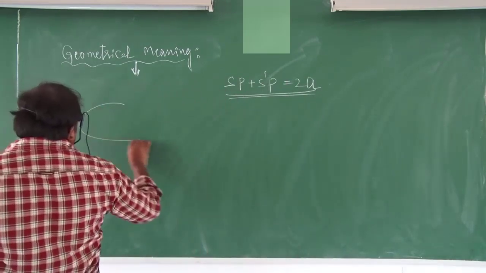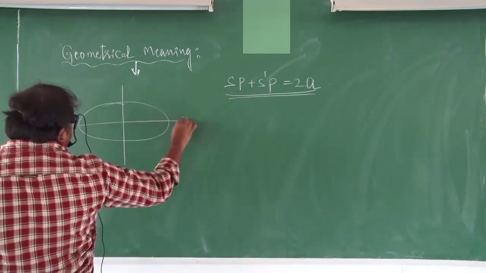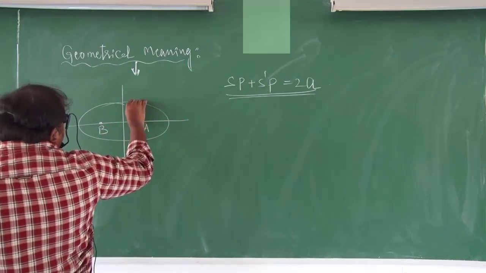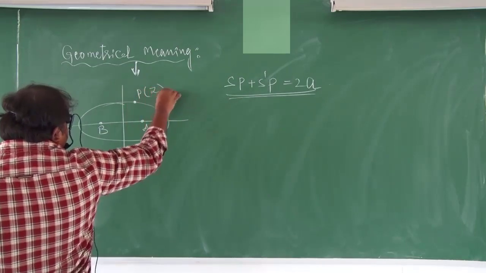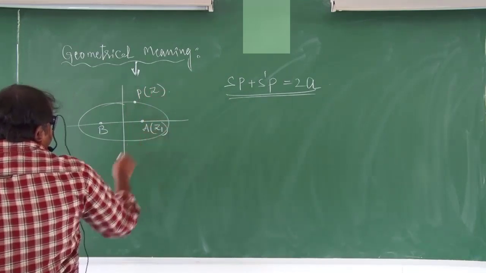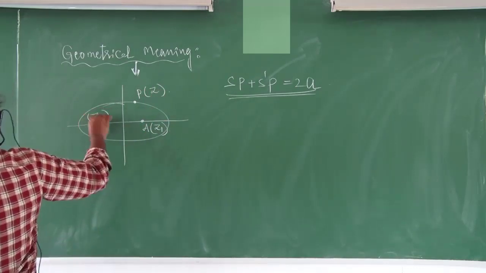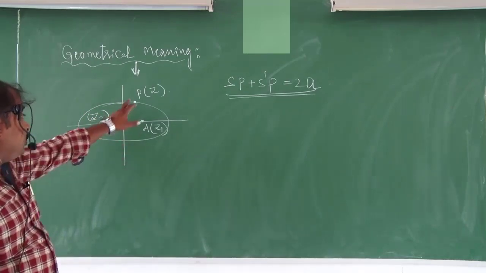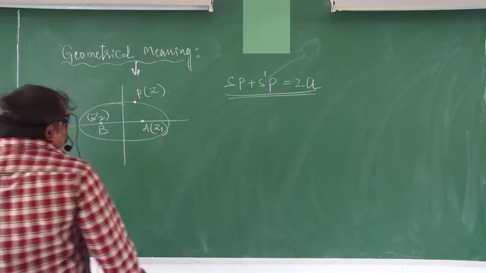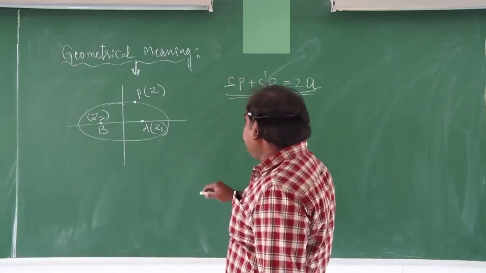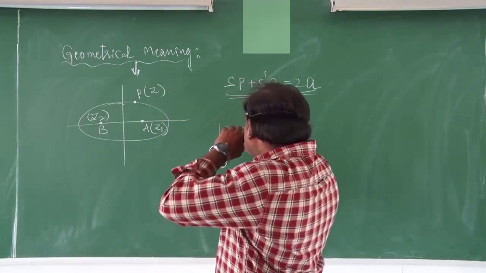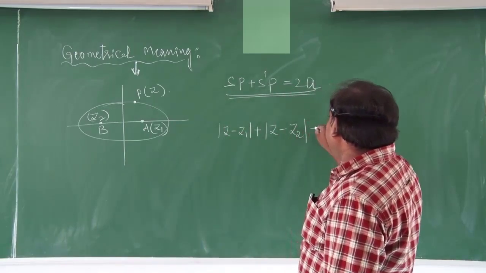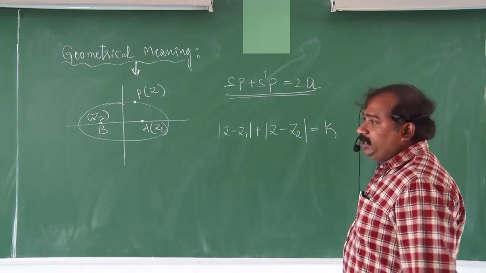Listen. Let this is A, this is B. P of Z you may take. Let this is Z1, B of Z2. Then tell me, instead of S this value, S dash is this value, P is fixed. Then how you can proceed this one? Tell me here in the complex form. Modulus of Z minus Z1 plus modulus of Z minus Z2 is equal to some constant.